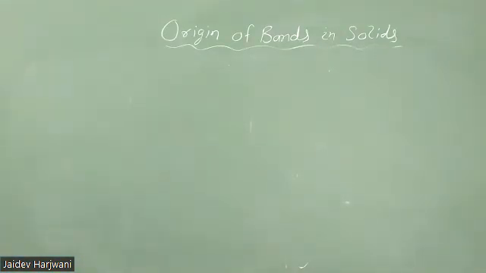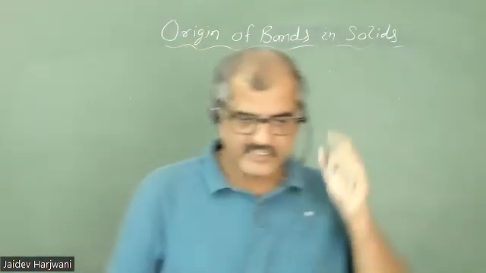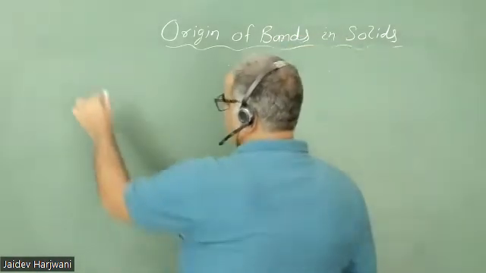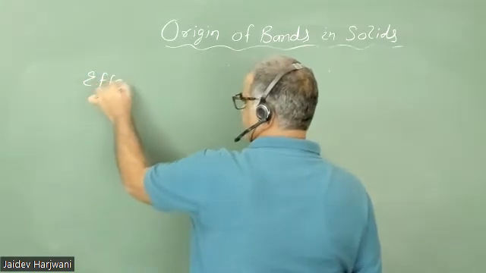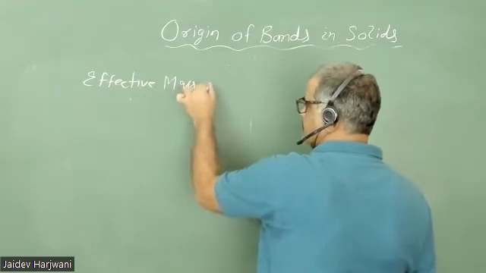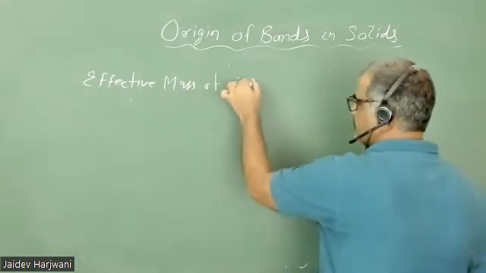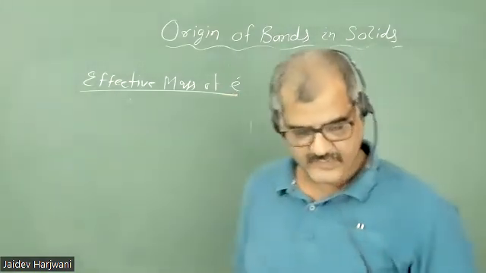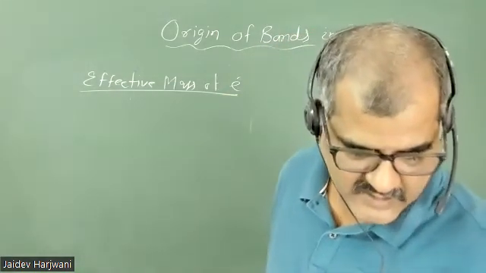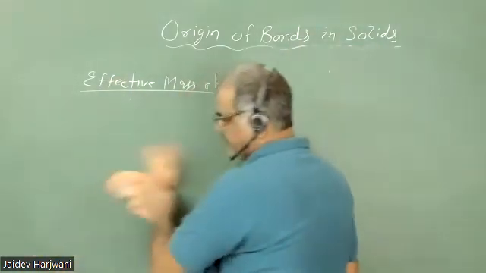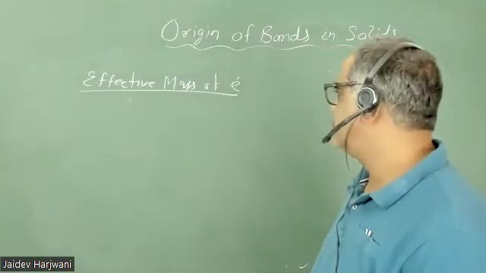Okay, now the important concept in a crystal is the effective mass of the electron. Effective mass means we have a free mass of the electron and the mass of the electron inside the crystal, which is called your effective mass.